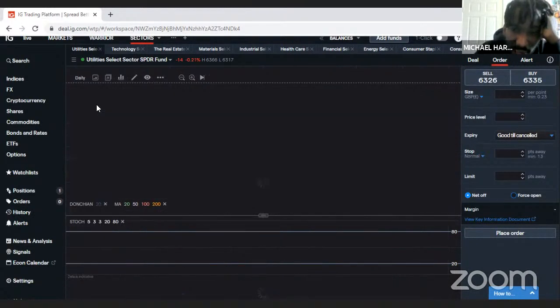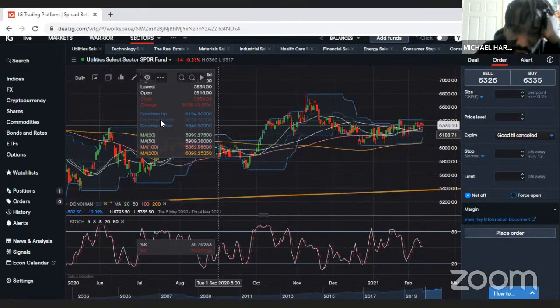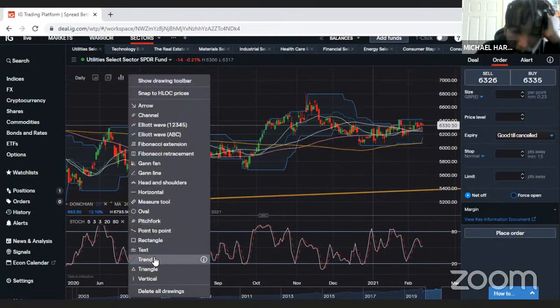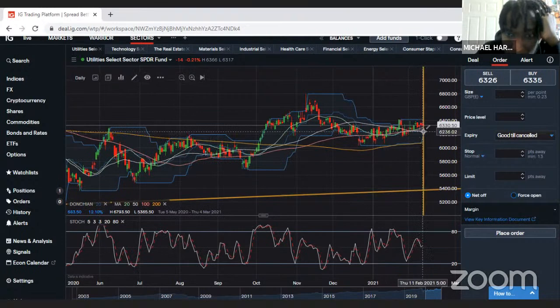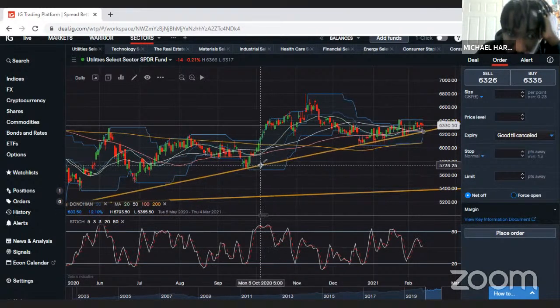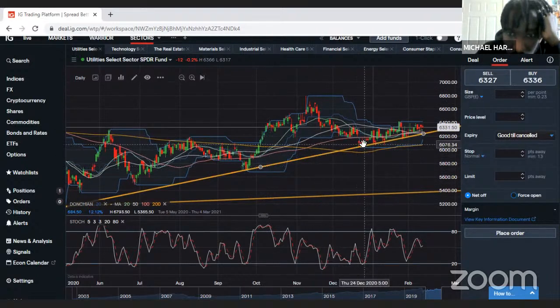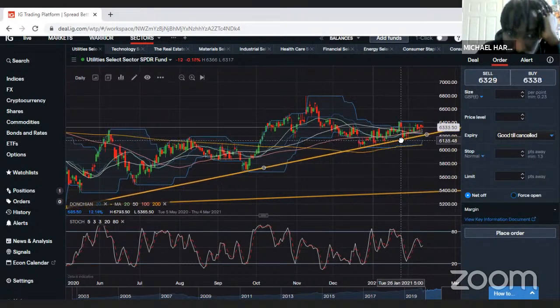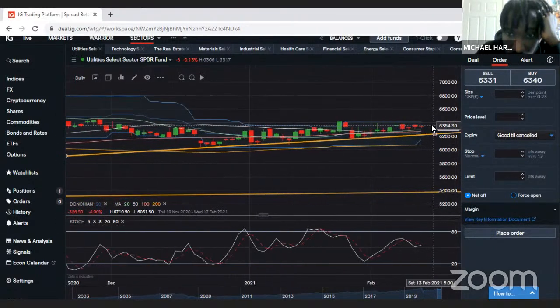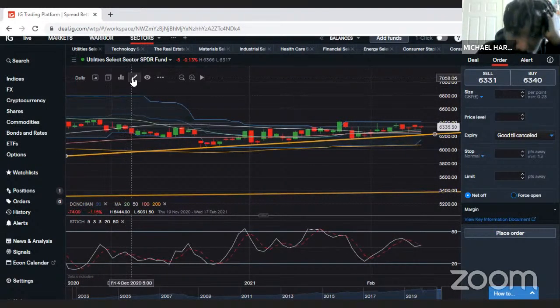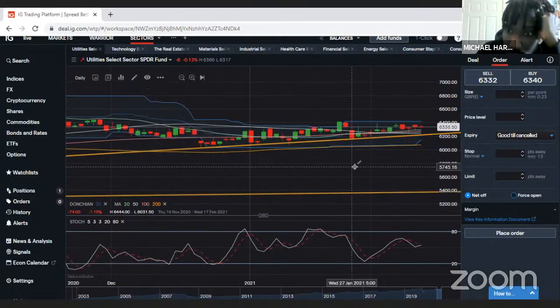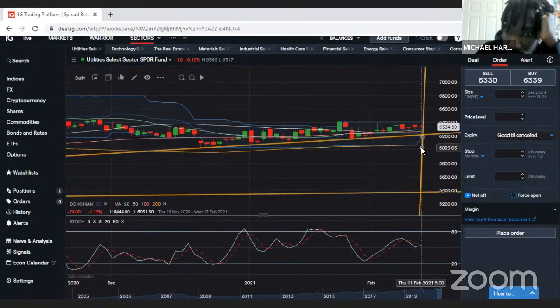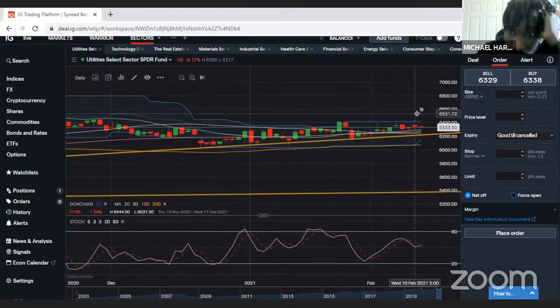It's hard to spot where the next trend line is, though. All these moving averages just bunched up here. You've literally got all of the moving averages bunched up.